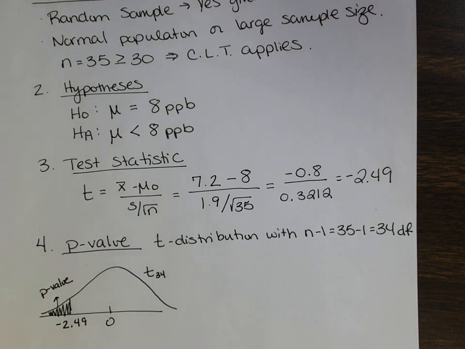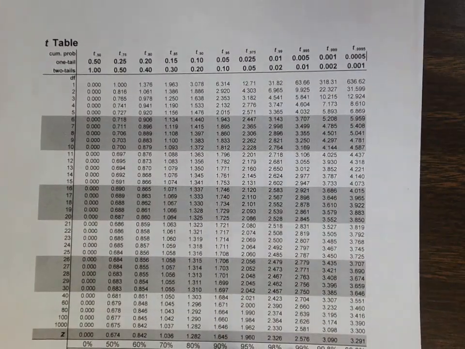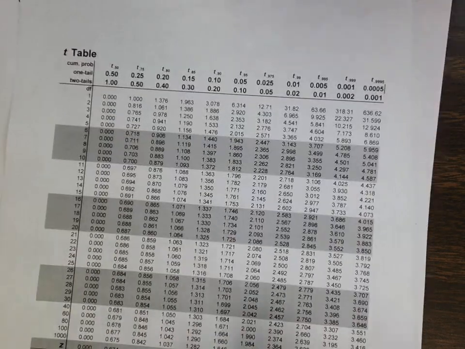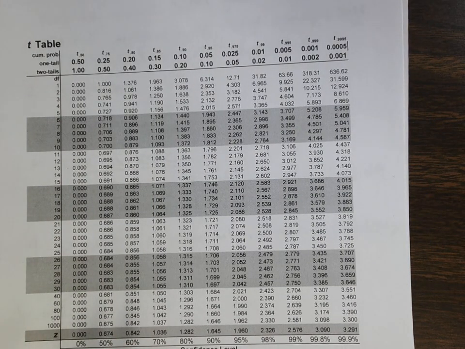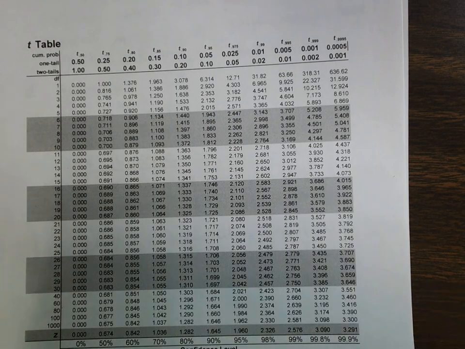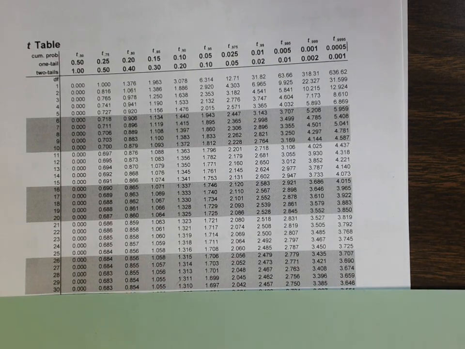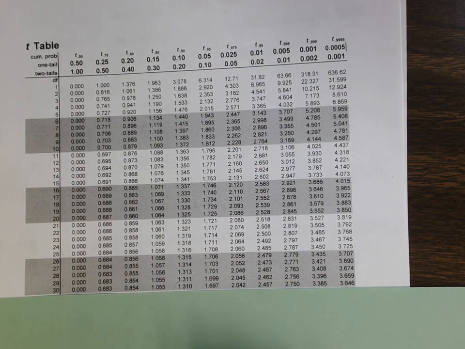Next, we're going to use our t-table to help us find this value. So looking at our t-table, we need a t-distribution with 34 degrees of freedom. Notice that the value 34 is not one of our options for our degrees of freedom. So just like when we worked with confidence intervals, we're going to round down to the closest value. So here we will need to round down to 30. And next, I want to find two numbers that my test statistic is between.